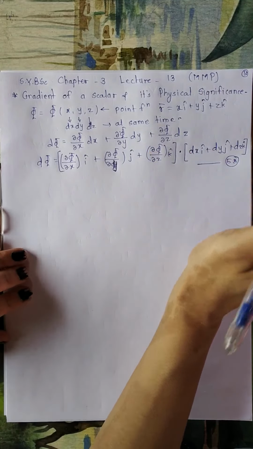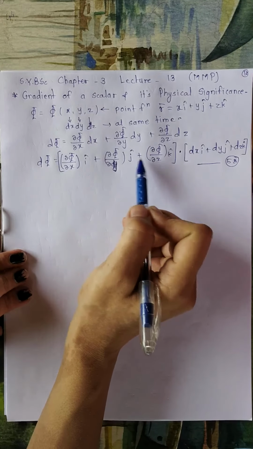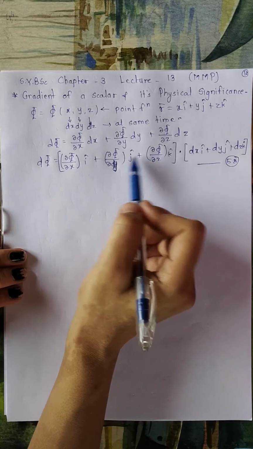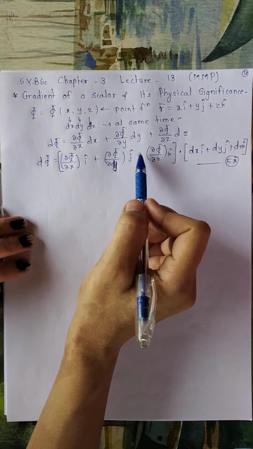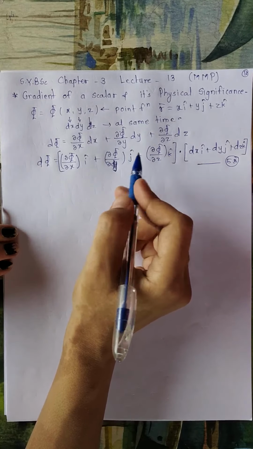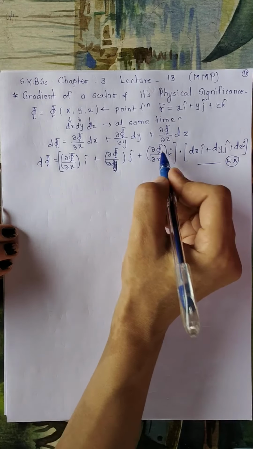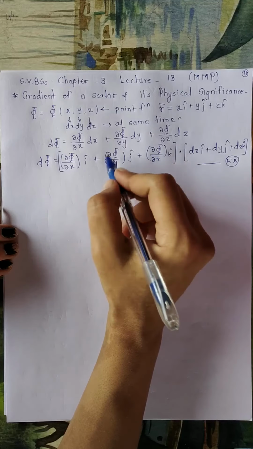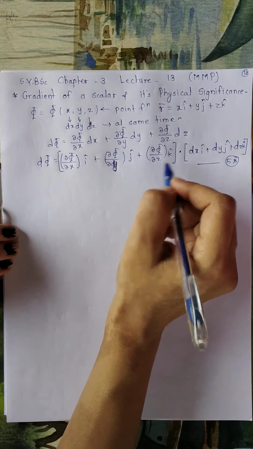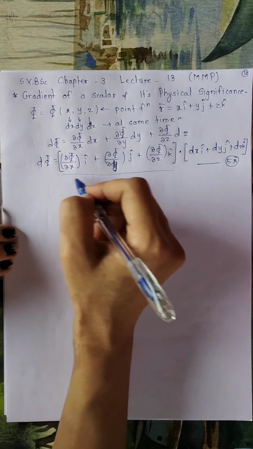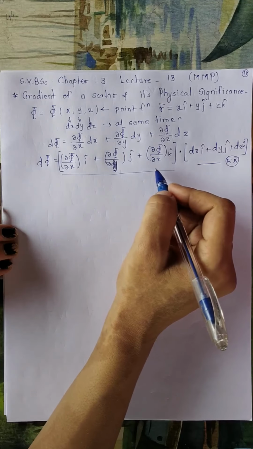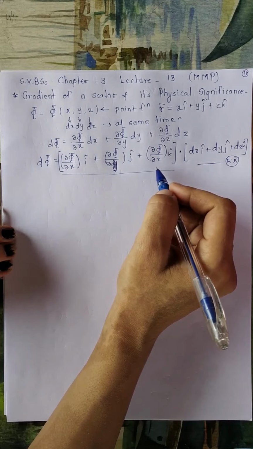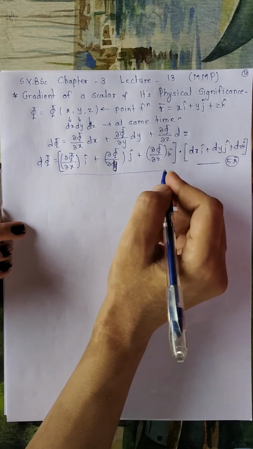So this vector quantity in the first bracket of this RHS is a result of the operation of del as a direct differentiator on the scalar phi, and this bracketed quantity, which I have underlined, is a vector quantity. So it is called the gradient of scalar phi, or grad phi.